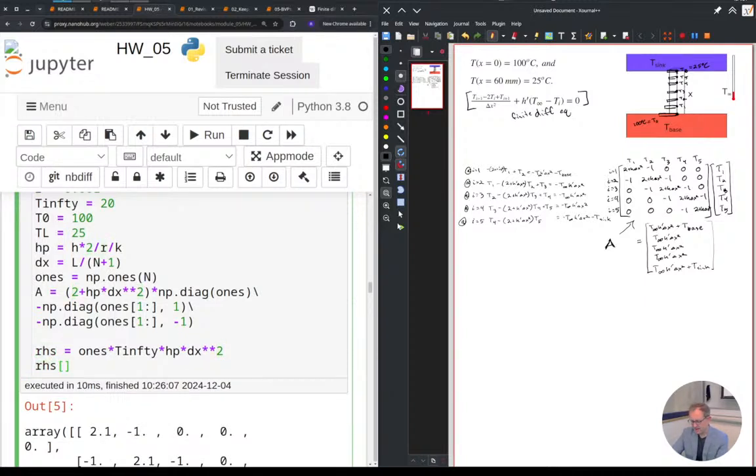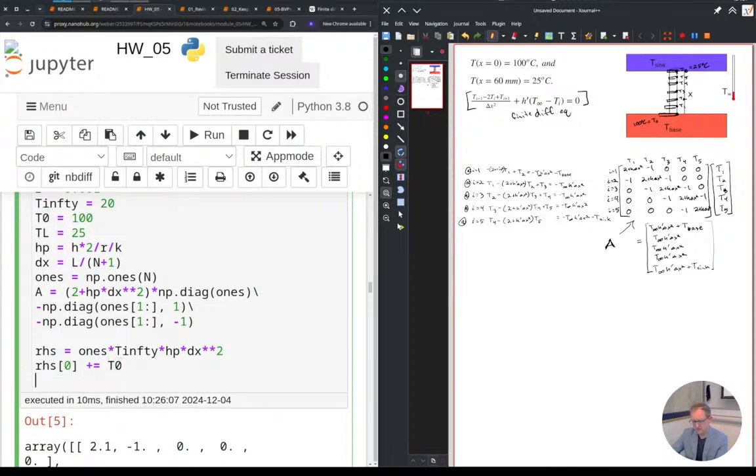So my first right-hand side equation, I need to add to that the T0 value, the temperature of the base, and my last one, I need to add to that the value of the fin, that TL over there.